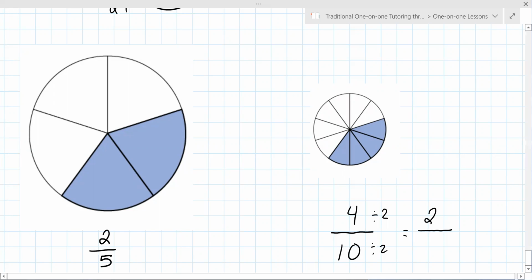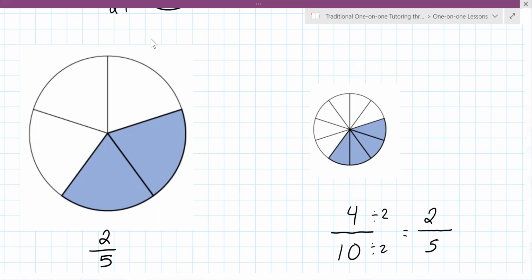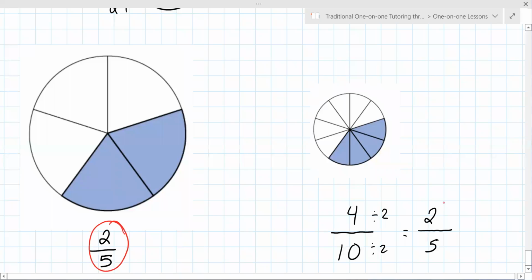What is 10 divided by 2? 5. Good. Okay. Now, are the fractions the same? Yes. Okay, they're the same fractions. But are they the same circles? No. Very important. No, they are not.